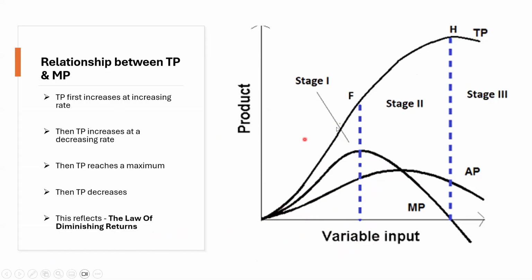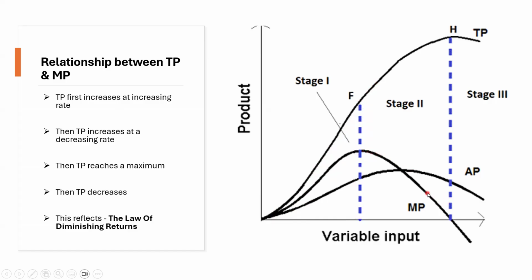And the relationship between total products and marginal products is that your total products will start to increase as your marginal product is increasing. Then your marginal product will reach its maximum. When marginal product reaches its maximum, your total product starts to increase at a decreasing rate because your marginal product will then decrease at that point.